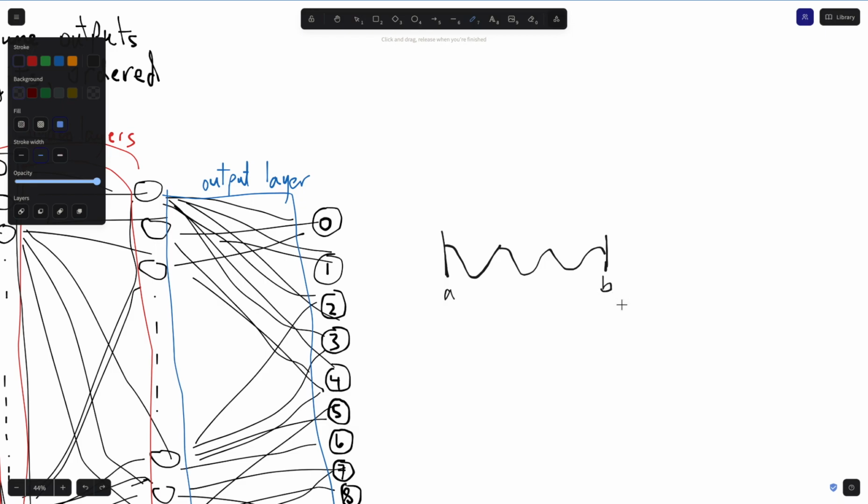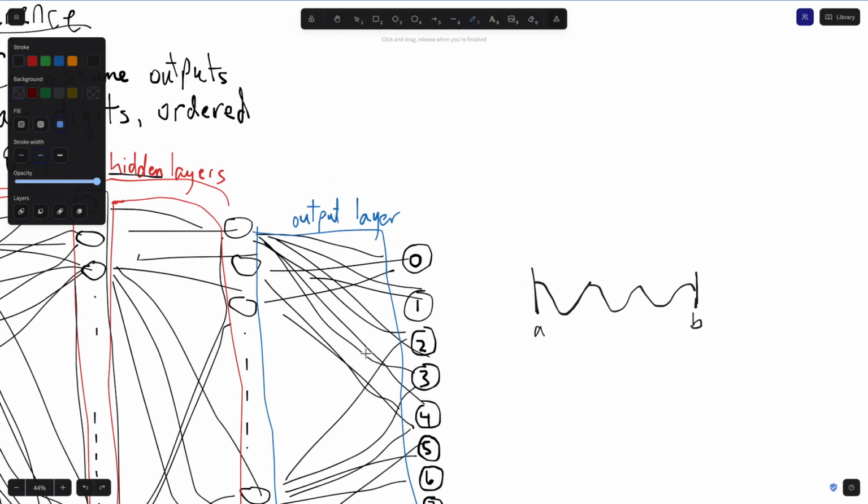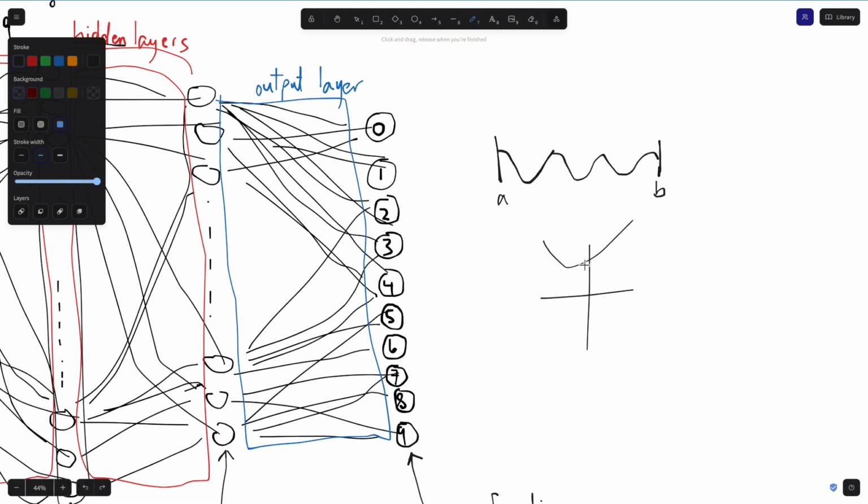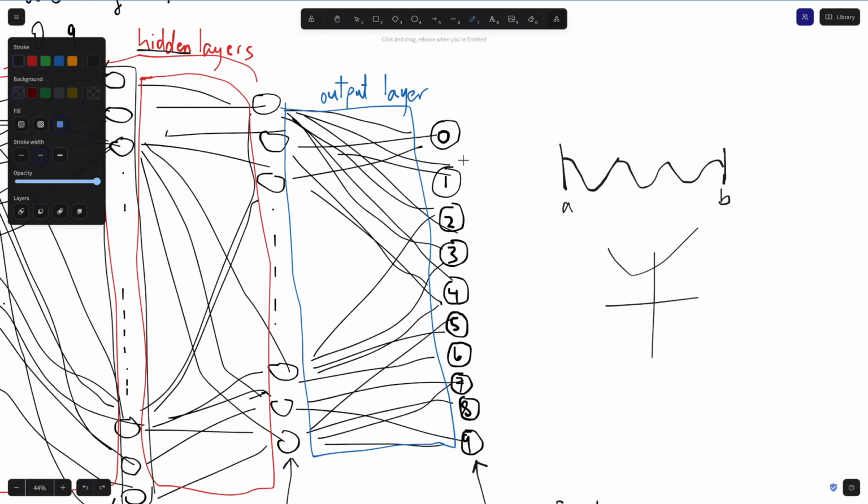Essentially, what it's saying is that if I have at least one hidden layer with a nonlinearity in the middle, and I choose the right weights and biases, I can output this function. And you can pick any function. It could be a parabola, but these are all scalar valued functions. You could also have multidimensional functions, like the case for our digit classifier.